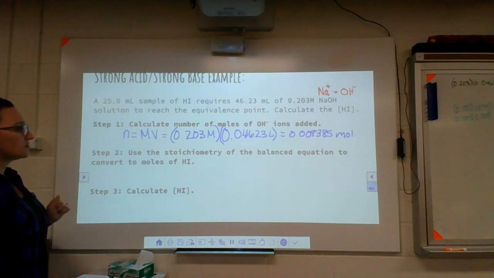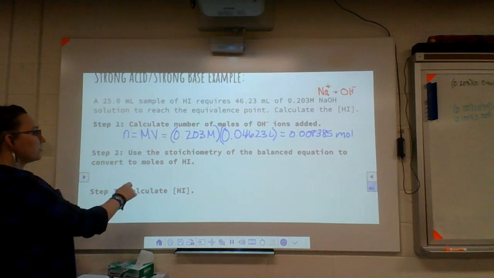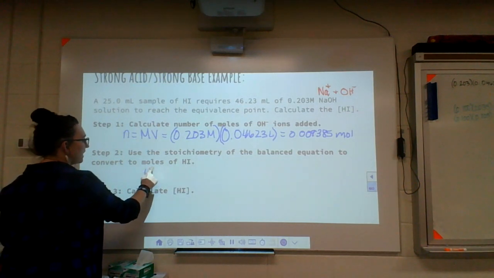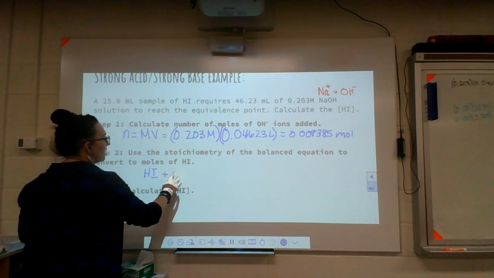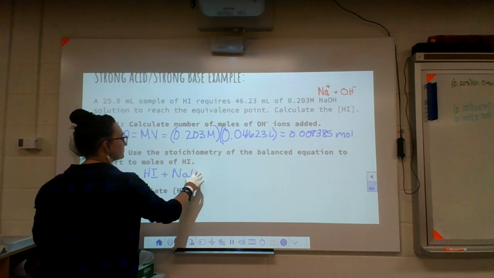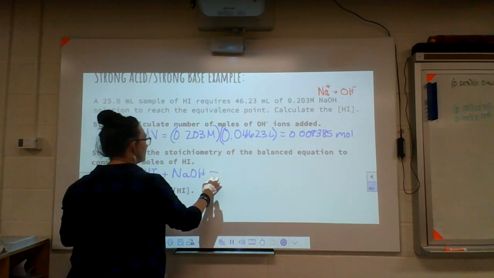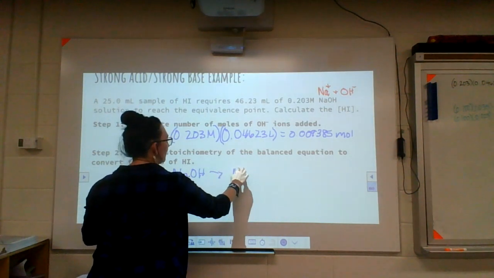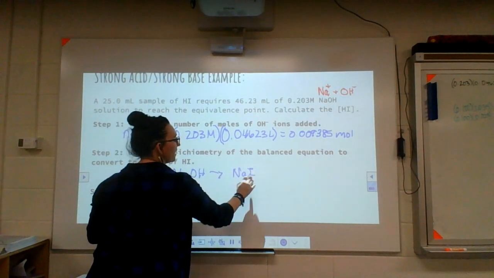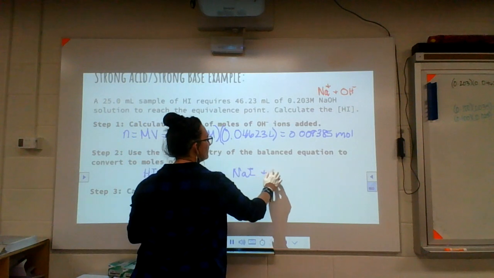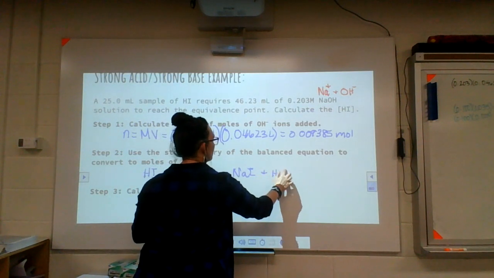and using the stoichiometry of the balanced equation to convert to moles of HI, well, HI plus NaOH is going to yield NaI, there's that ionic compound, plus H2O.